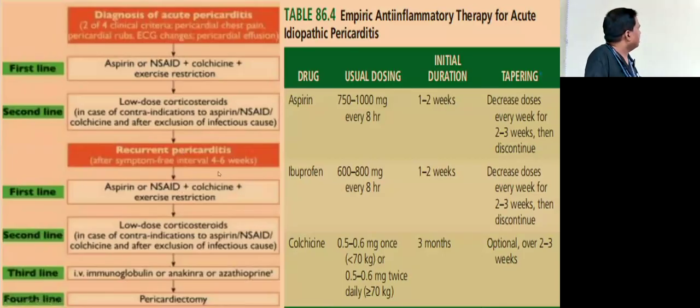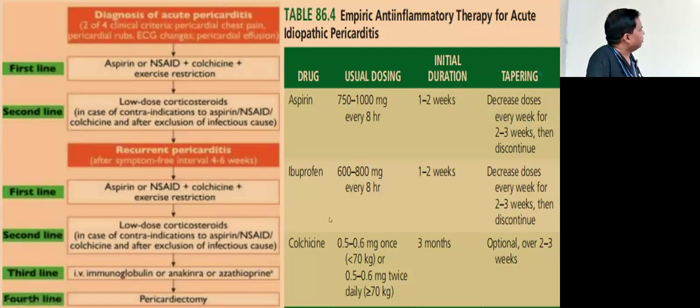In recurrent pericarditis, again, the first line is exercise restriction, aspirin, colchicine, and then adding on steroids. This is called triple therapy: aspirin or NSAIDs, then colchicine, then corticosteroids. If that is also not working, then IVIG, and nowadays anakinra or azathioprine also can be tried. The fourth line is finally pericardiectomy.